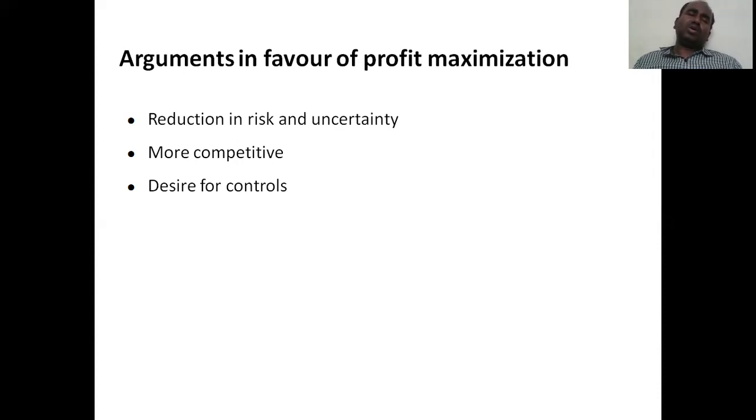Then the next argument in favor of profit maximization is that if the company has a good profit position, there will be chances and possibilities of more competition. The company may give more competition to competitors by entering a new market, launching new features and products, or improving the existing products in terms of quality, quantity, prices, and the offers and discounts they want to provide, attracting more customers, extending market share, and reaching all classes of people.